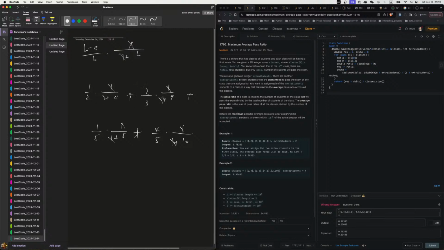Now we can add them together. Of course, it's going to be like x0, x1, x3, things like this.